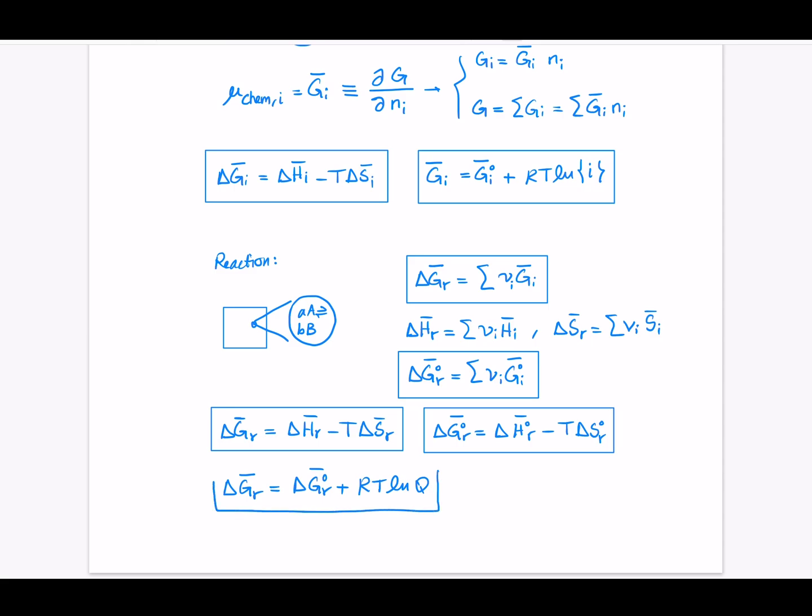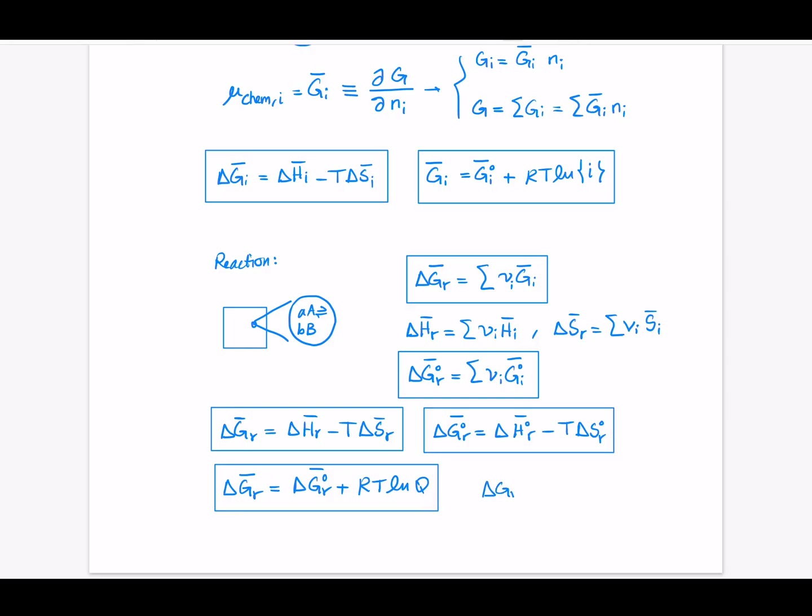Again, very similar to what we had for species. And then we talked about the fact that at equilibrium, delta G is 0. If we rearrange this, considering that Q at equilibrium is K, then we get this relationship.